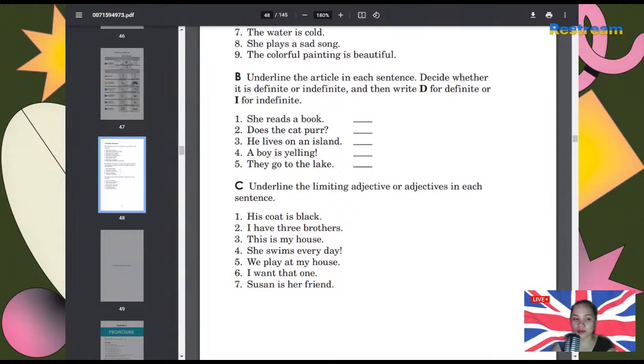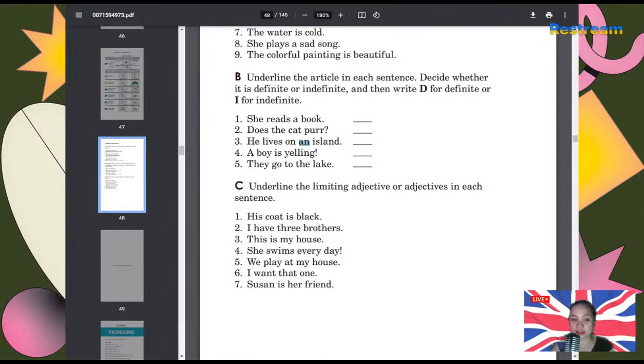So next one, number three. Number three is, he lives on an island. He lives on an island. So let us identify first what is the article. Okay, the article here is an. Okay, very good.